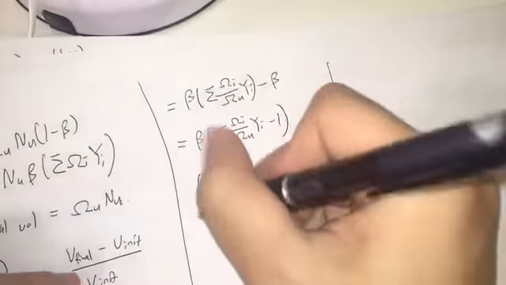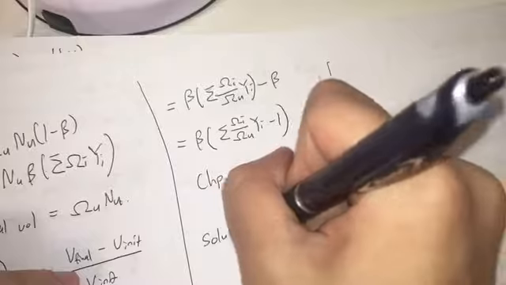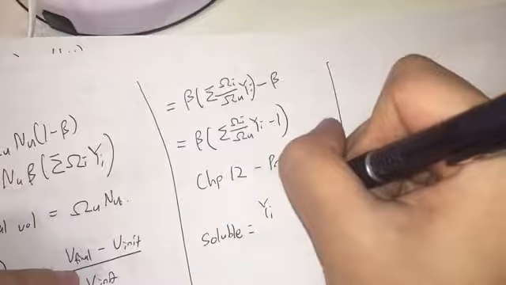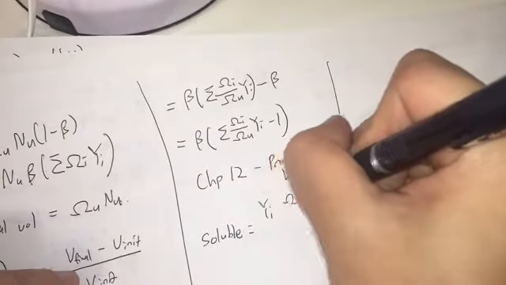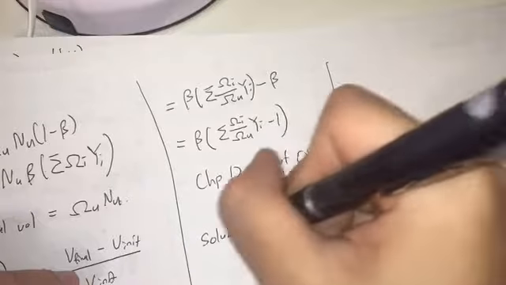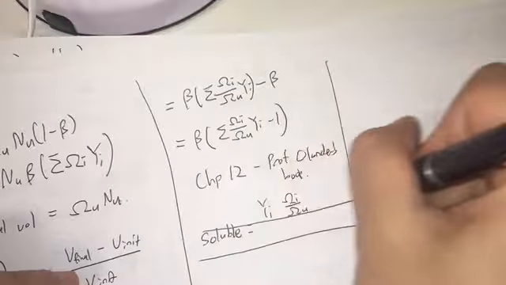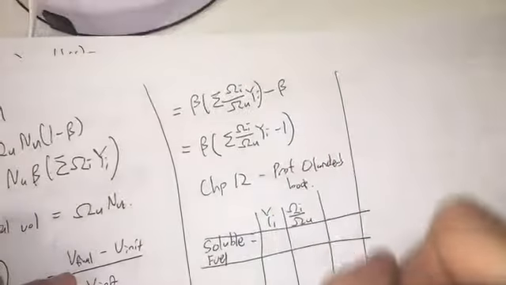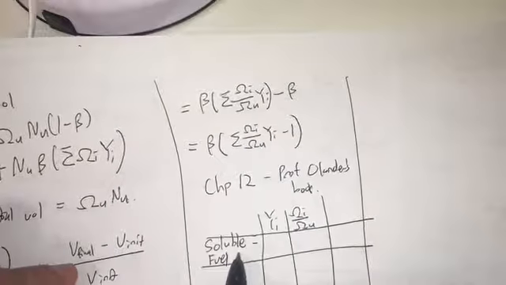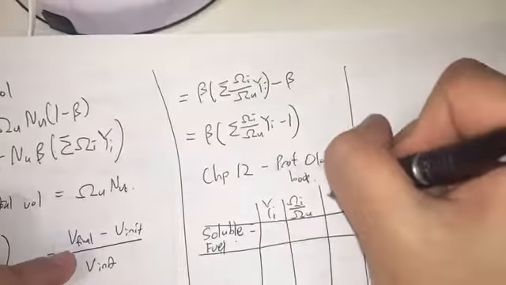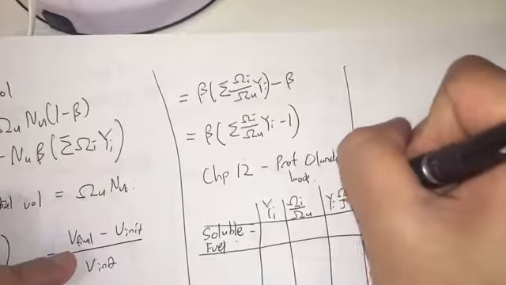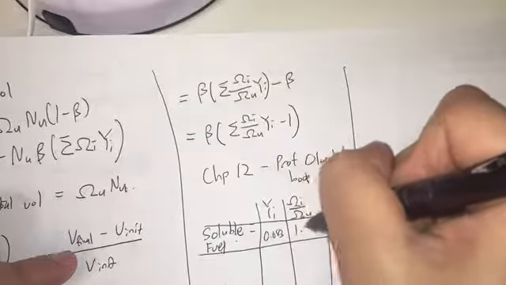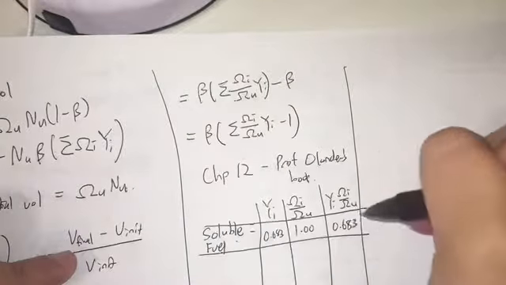So, in the soluble, we have a certain value of yi and a certain value of omega I over omega u. So this soluble in the fuel, these are the lanthanides and the actinides. So we can do a table as such, and this is the table being presented in the book. 0.683, 1.00, 0.683.